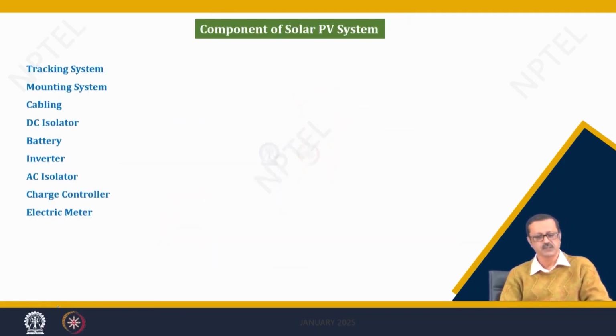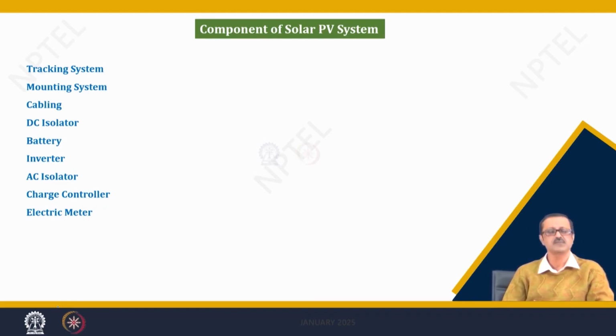Now, this solar PV system has various components. We have tracking systems which can track the sun path. We have mounting systems. Sometimes we may not provide tracking systems because it is again a costly affair, or it may involve other electronic devices. So, we can have only mounting systems with a fixed inclination.